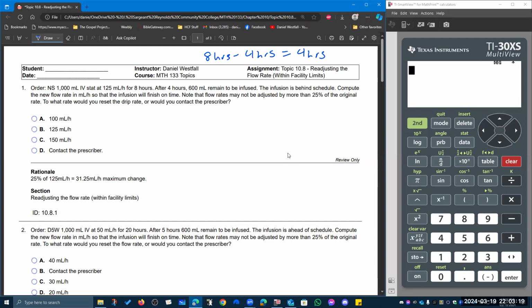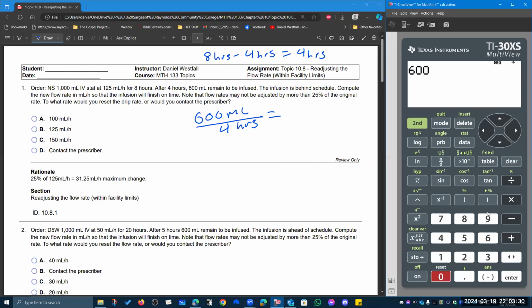So the new infusion rate needs to be 600 milliliters in 4 hours, 600 divided by 4 is 150 milliliters per hour.